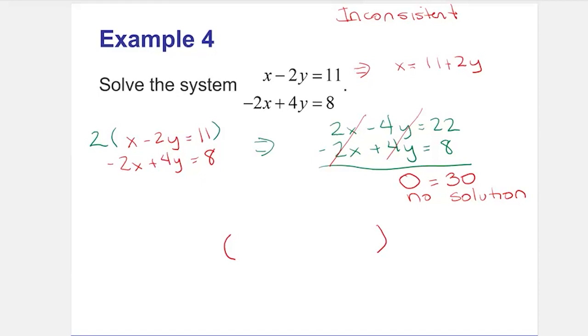Well, then what I could say is, I don't know what y is, but once I do know what y is, x is going to be 2y plus 11. So if I pick y equals 1, I know x is equal to 13, and so on. So there's no single solution because I don't know exactly what those values are, but I can write an answer. I don't know or believe that you will have to do that, so I'm not sure.